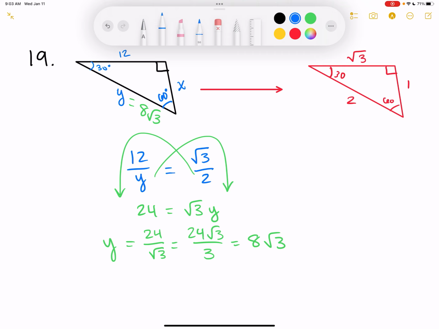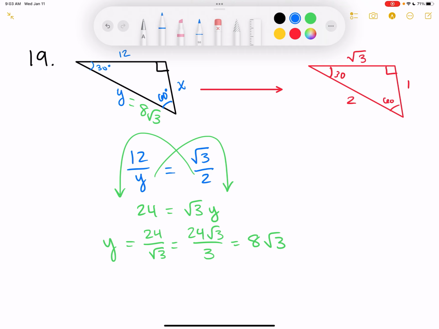Since I now know what y is, I can use that value. Now, if you're not very confident that it's right, you may not want to, but I'm going to be confident that I'm right, so I'm going to use it.